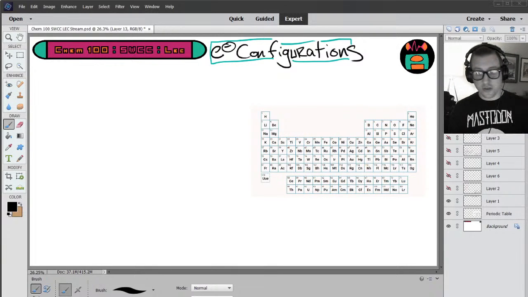Each orbital can hold 2 electrons maximum. That is totally correct.